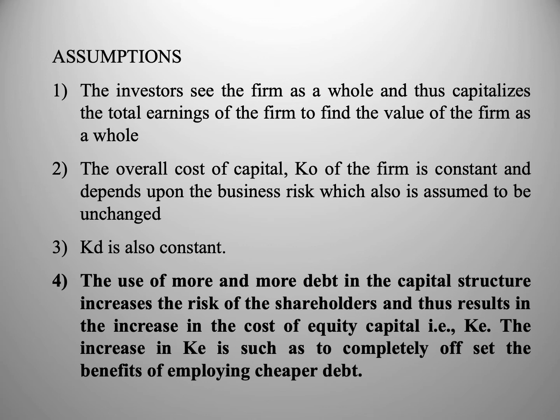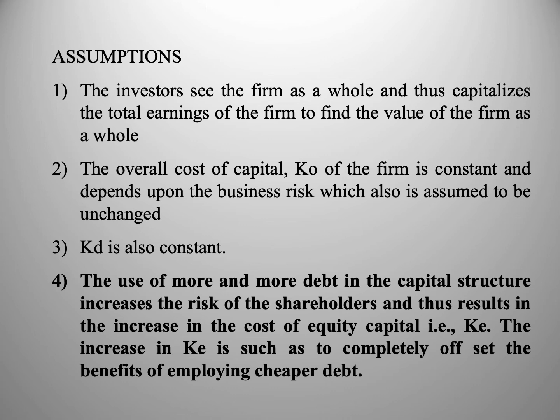What does it mean? It means that if we use more and more debt in the capital structure, thinking that it will reduce the overall cost, at some point it will start increasing the overall cost, because the expectations of the equity shareholders will also rise and therefore the financial risk to the company will rise.